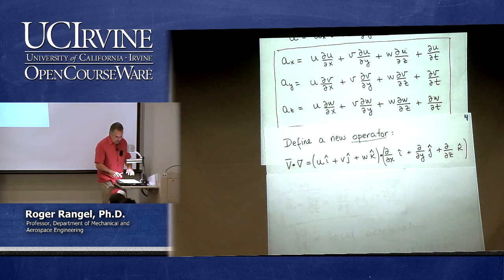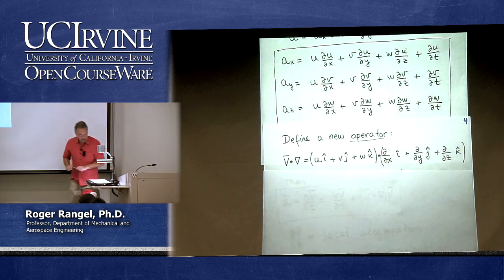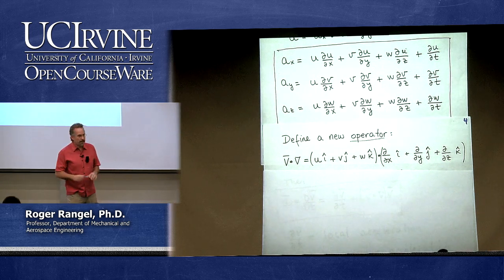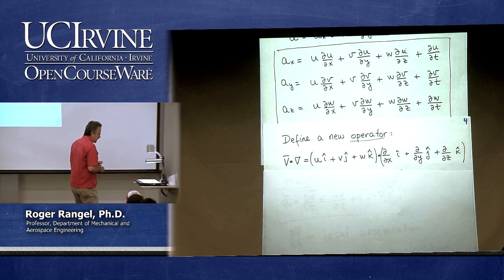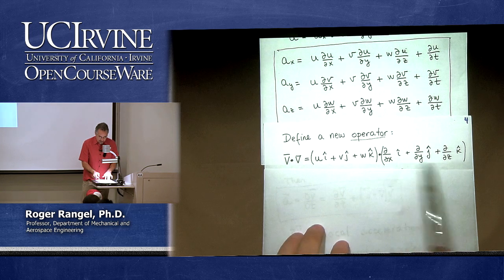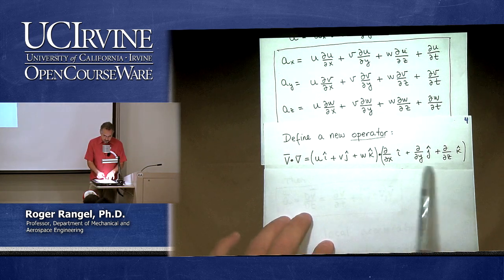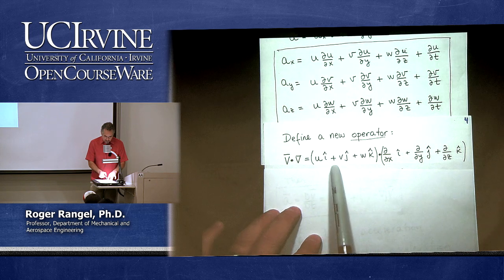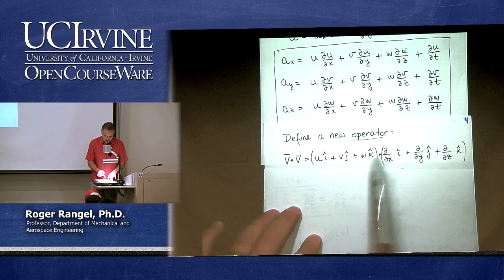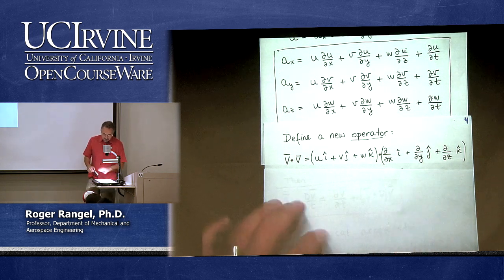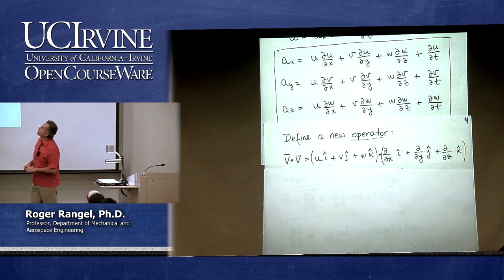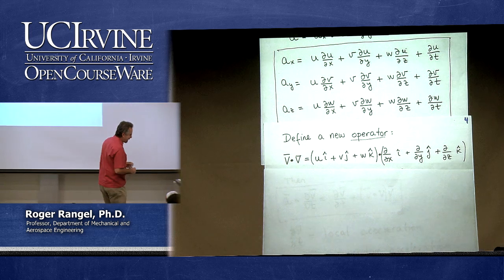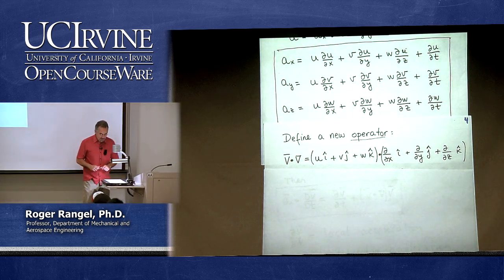I assume you remember what this del operator is, from math. The gradient operator is actually written right here. The velocity is, of course, u i plus v j plus w k, and then dot the so-called gradient operator, partial x i plus partial y j plus partial z k.